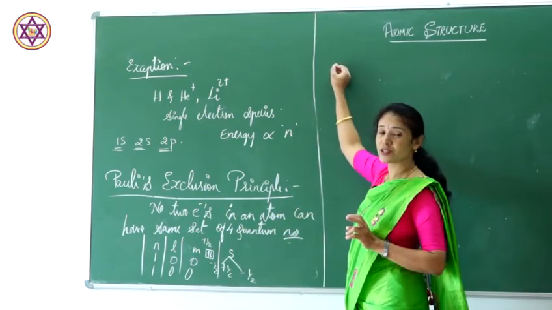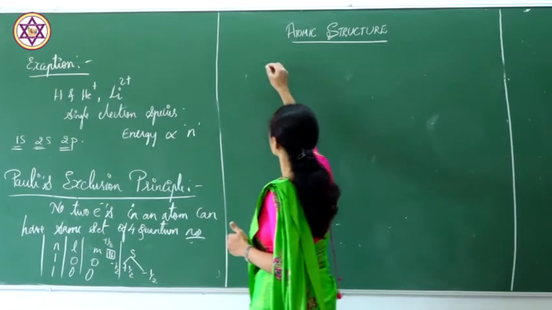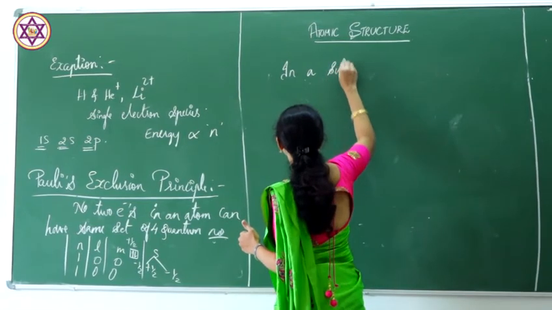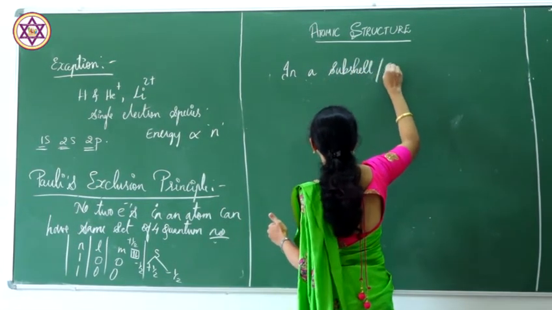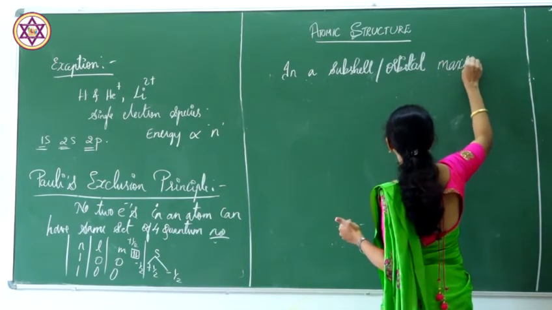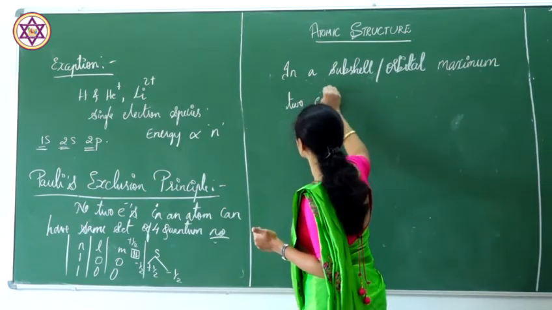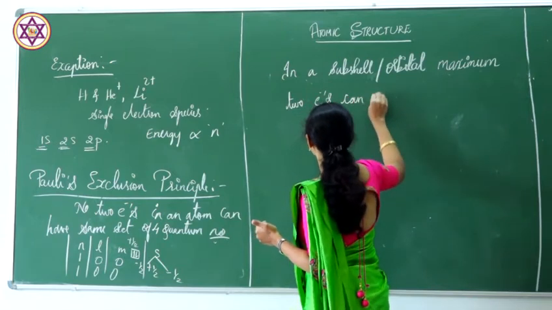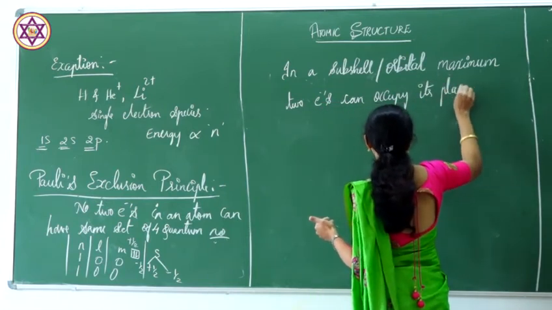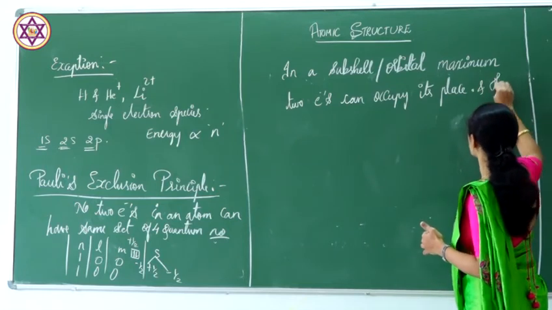According to Pauli's exclusion principle, in an orbital, a maximum of two electrons can be occupied, and they should be of opposite spin.